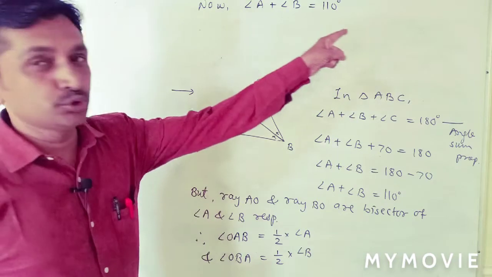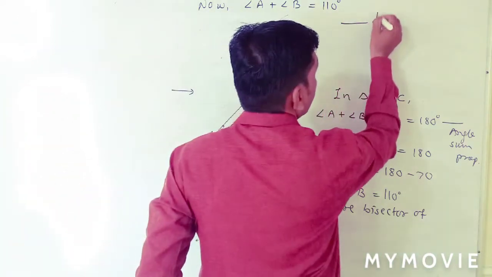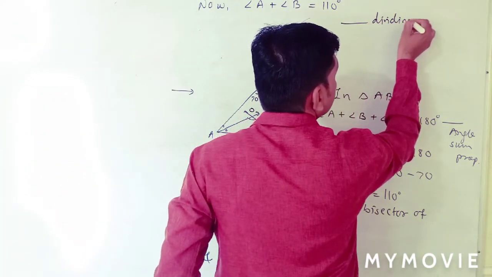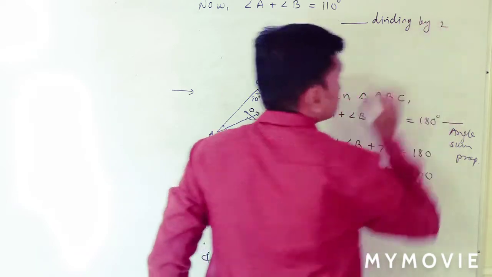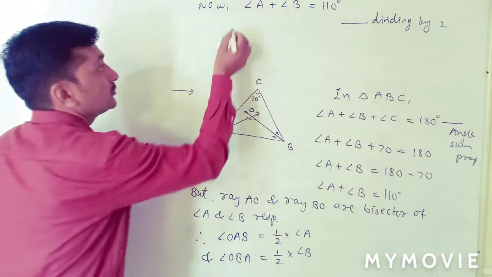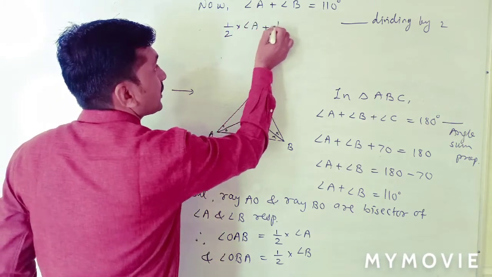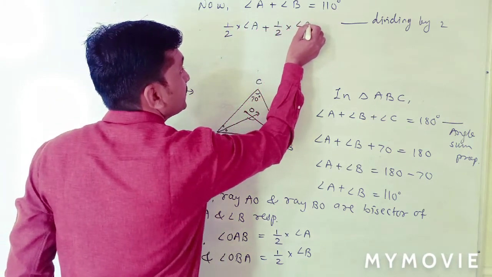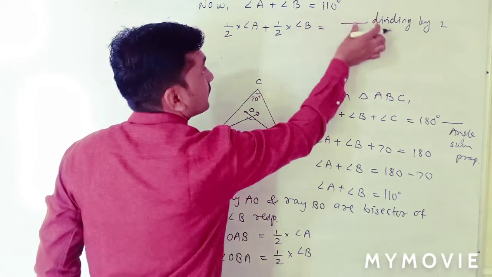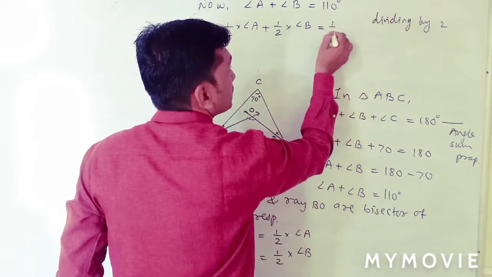Now divide by 2 to all. Dividing by 2: half into angle A plus half into angle B is equal to half into 110.